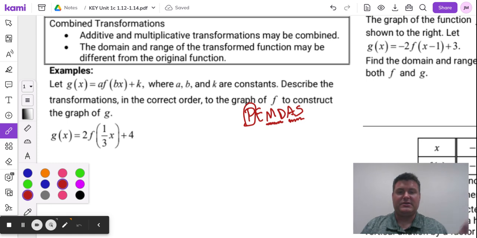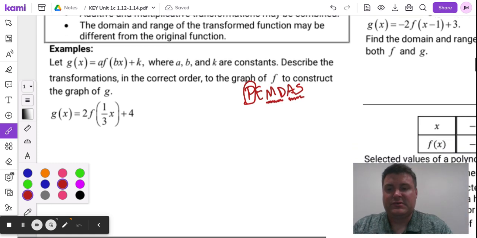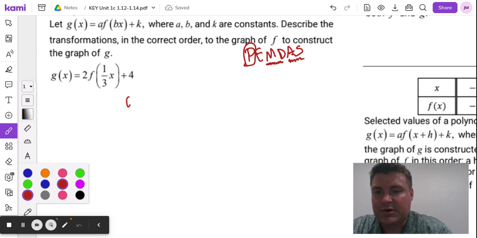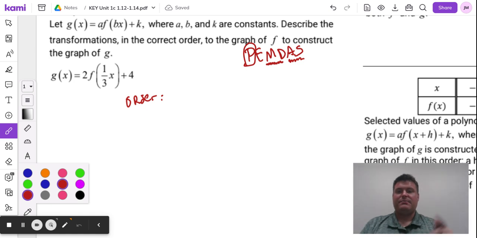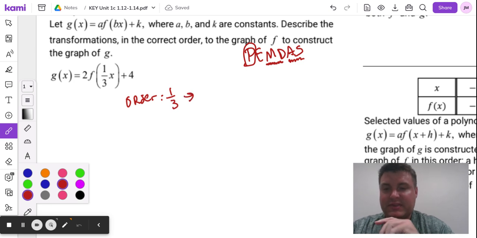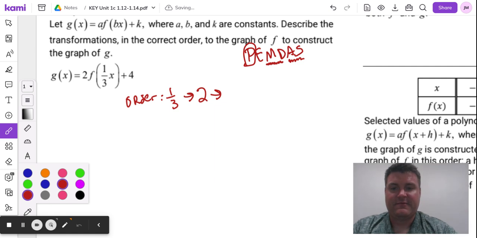So we really do the inputs, everything on the inside first, and then we do the outputs later. Okay. So for this one right here, here's our order, if I'm just picking out the numbers. Parentheses first, inside is going to be the 1/3 comes first. We'll worry about that in a second. Then the multiply, which is the 2. And then last but not least, we'll do the 4.